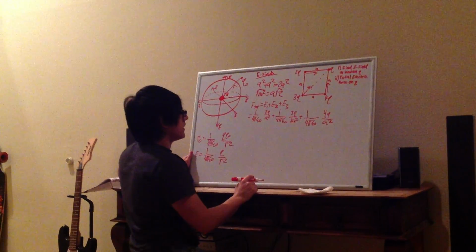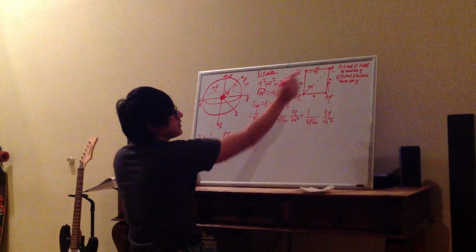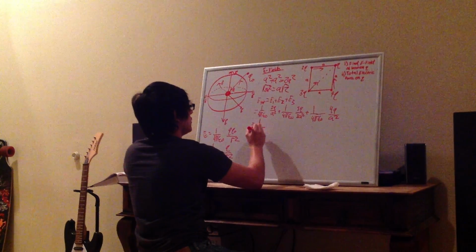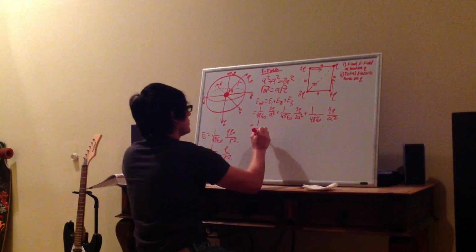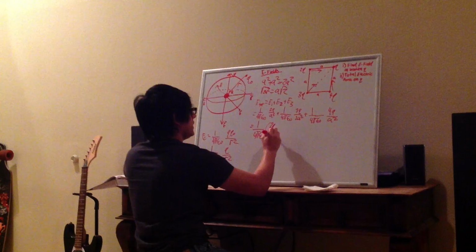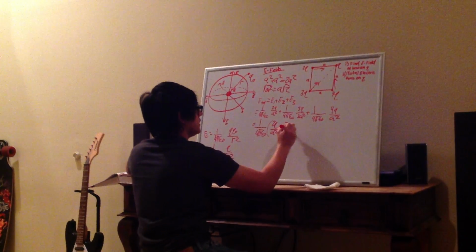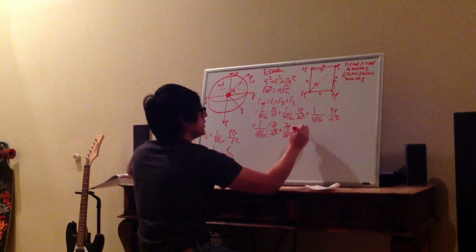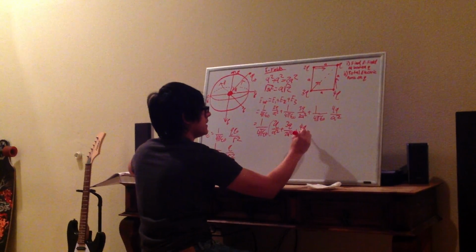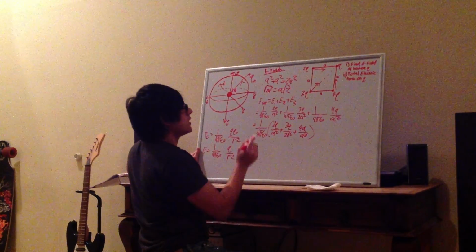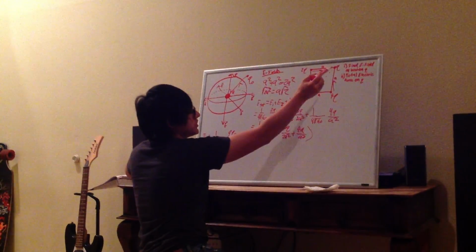And that is the electric field total experienced at position Q, which can be simplified to 1 over 4 pi epsilon naught times 2Q divided by a squared plus 3Q divided by 2a squared plus 4Q divided by a squared. And that is the E-field total at position Q.